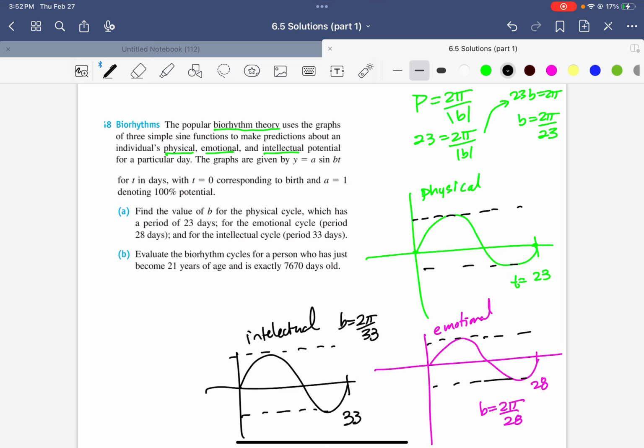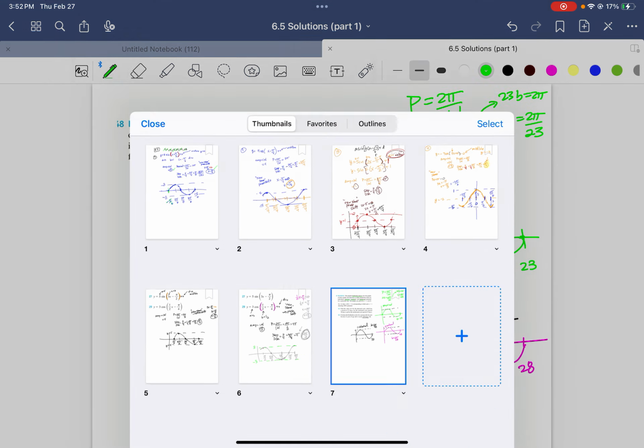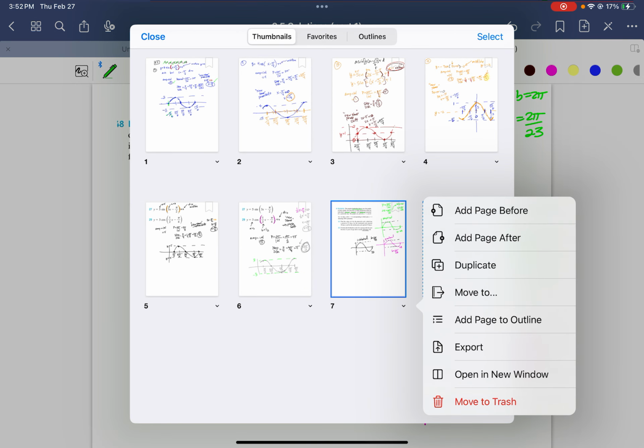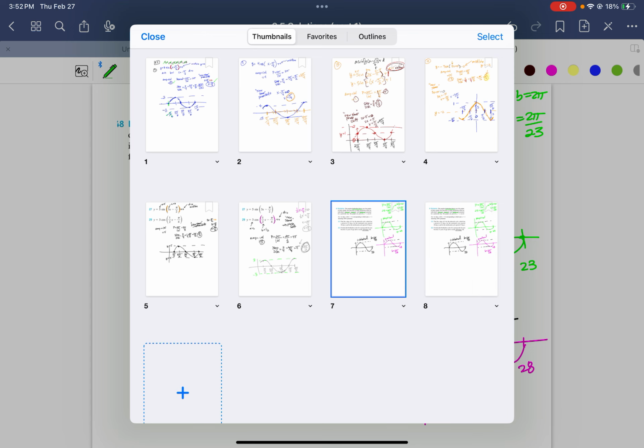So in other words, that was part A. So now for part B, I'm going to duplicate this page. We're really close to being done. So if I look right here on my cycles, that's for intellectual. This is for emotional. And this is for physical up here.